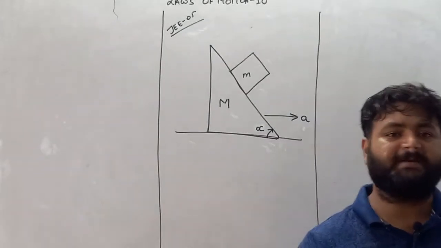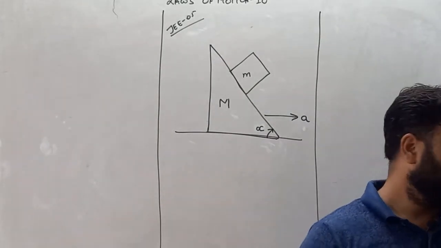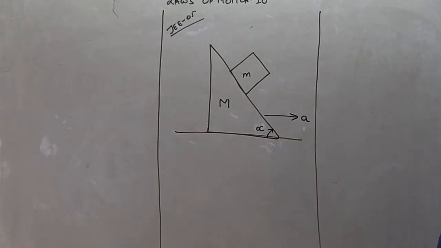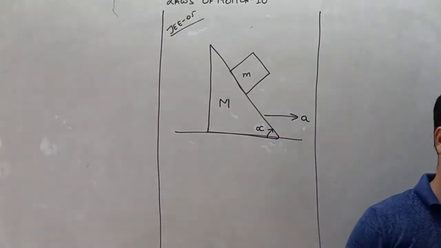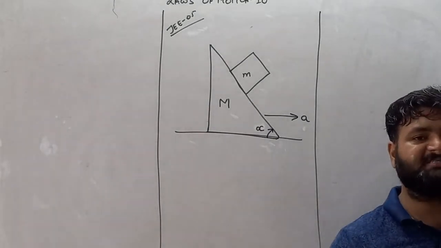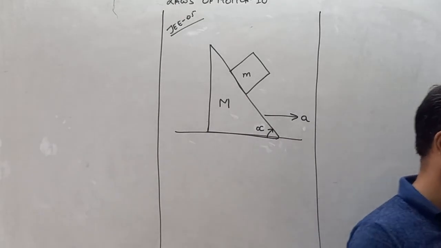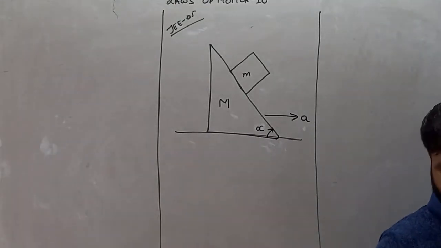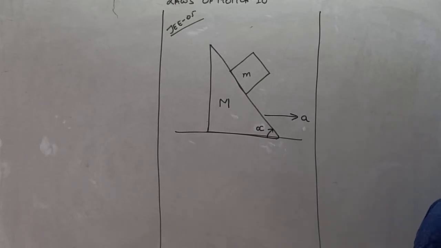A block is kept on a frictionless inclined surface with angle of inclination alpha.